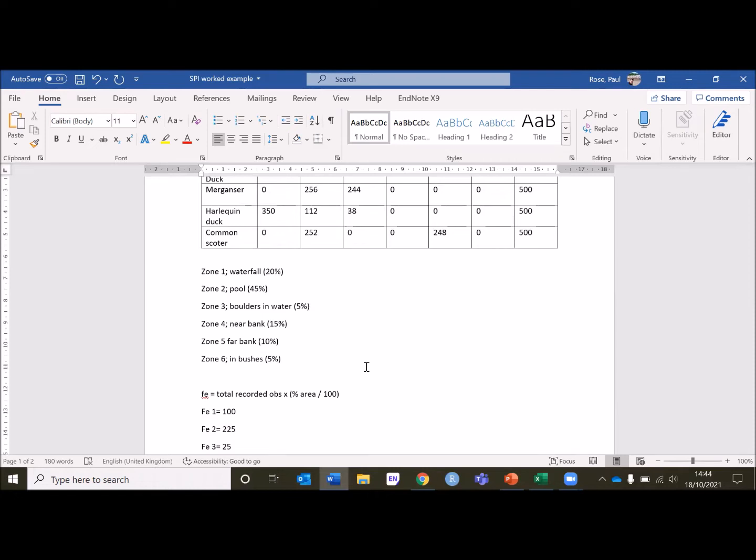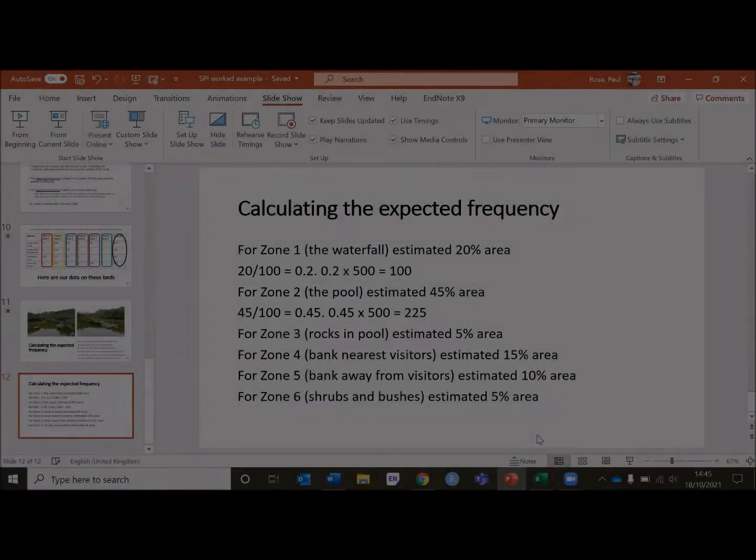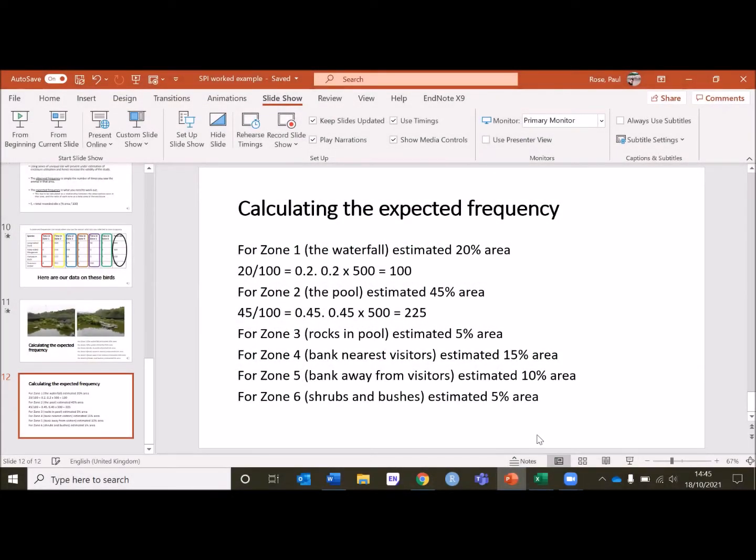The zone sizes do not change, even though you might be calculating multiple species SPIs. The only time the expected frequency will change is if you don't have the same total time for your observations across all species.